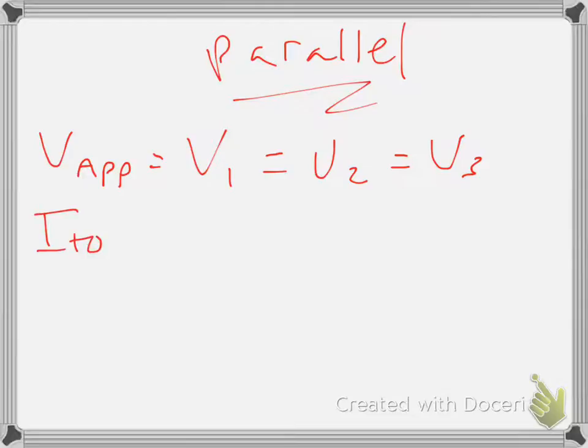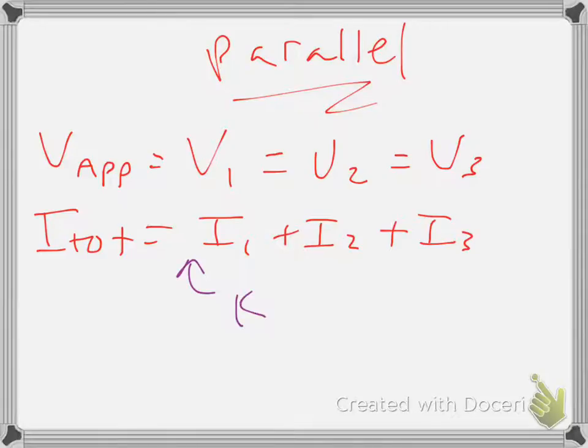Current, however, is now going to be equal to the sum of the parts, and this is Kirchhoff's first rule, or the junction rule. Kirchhoff's first. If you recall, at any junction, the current going in has to equal the sum of the currents coming out.